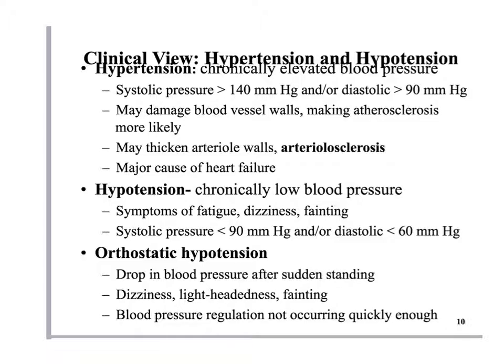Where salt goes, where sodium goes, water follows. So if you have a diet that's high in salt, that's being absorbed in the stomach and going into the blood, where's water going? Water goes with it. So you end up retaining that much water because you have salt going in, water follows.